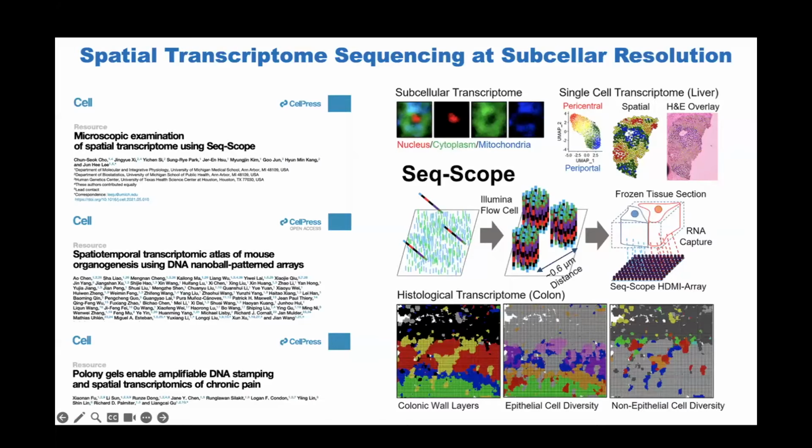So you can apply exactly the same chemistry developed by Joakim, demonstrated by Slide-seq and other methods, to do the spatial transcriptome, the spatial messenger RNA capture, and the transcriptome sequencing.